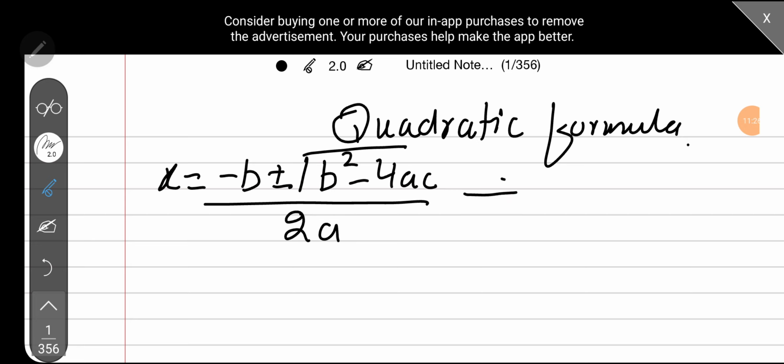This formula is according to this quadratic equation, and all the values are given in it.